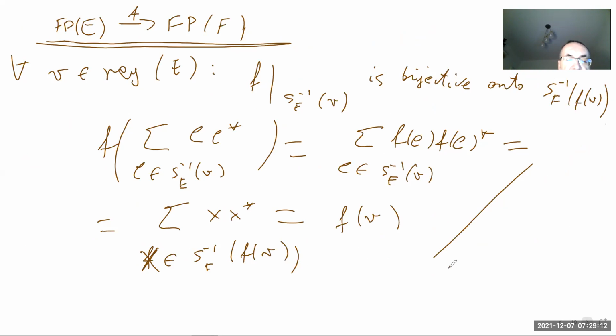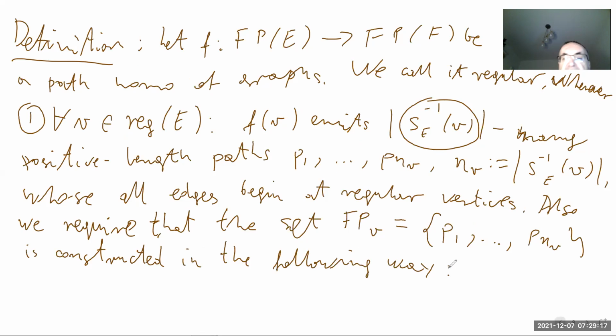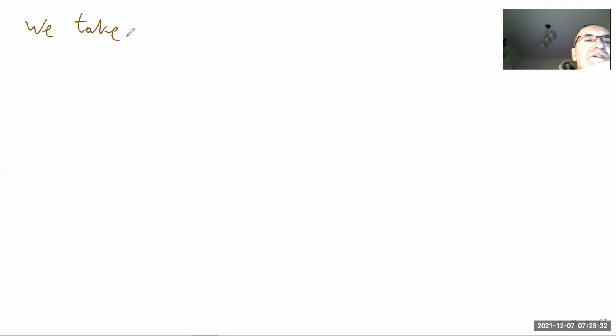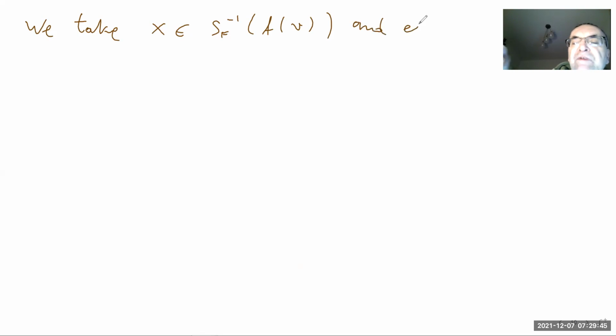And here, I hope I erased on this page. Yes, okay. So we take an edge emitted at F of V, and we can do two things. Either, so this is what a computer would understand. It's like an algorithm.